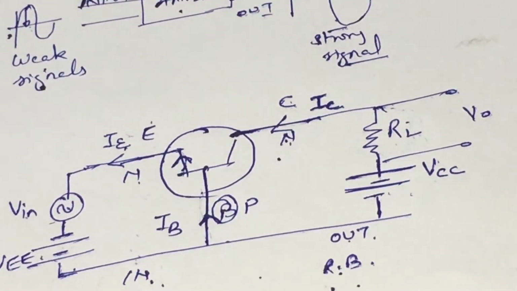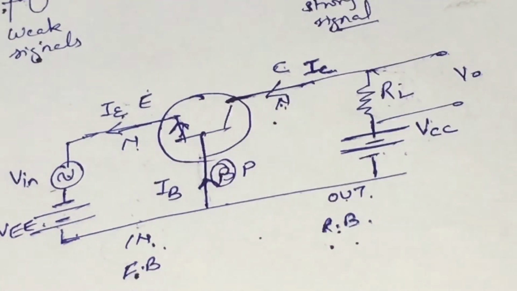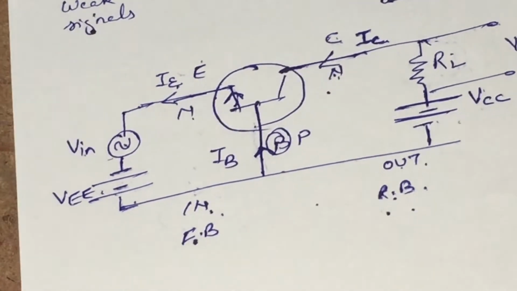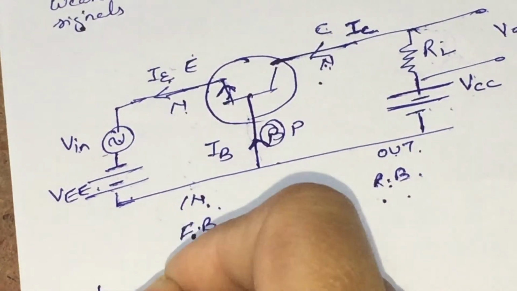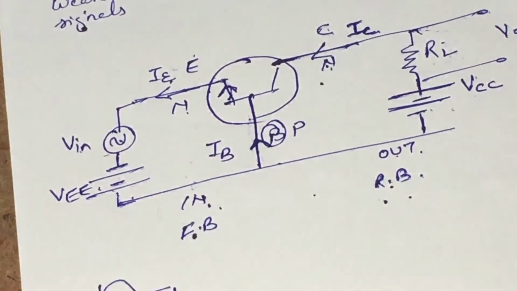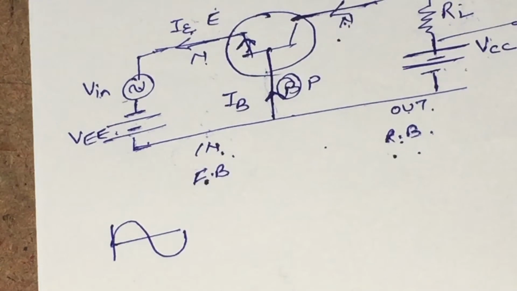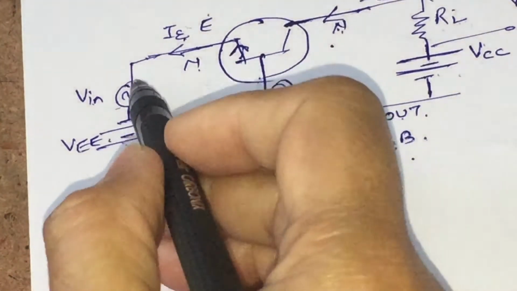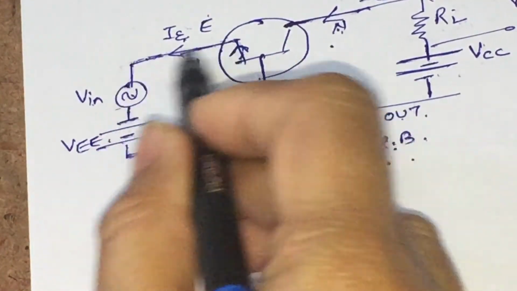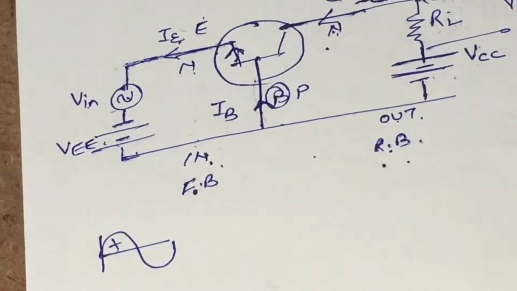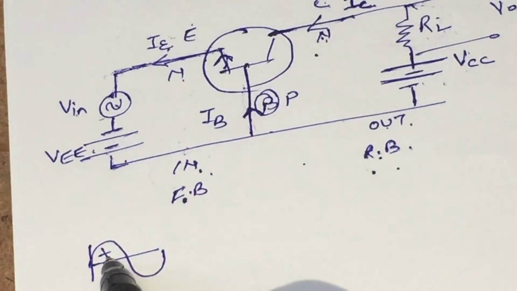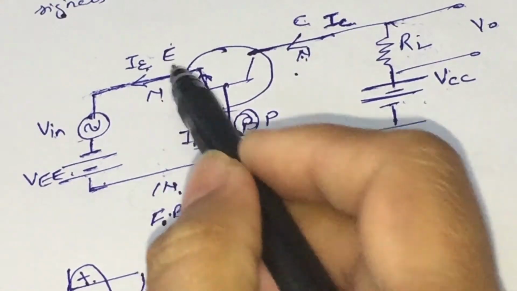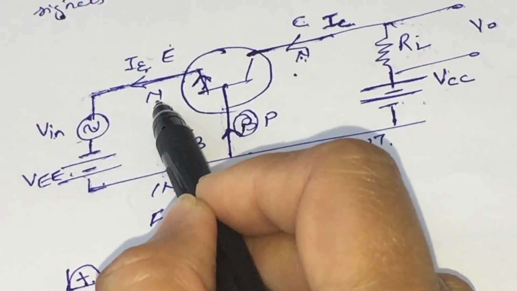Now we will discuss the working of our common base transistor. Let us consider that a weak AC signal is applied to the input side. As the positive half of the wave moves through this circuit, it is given to the N-type semiconductor.